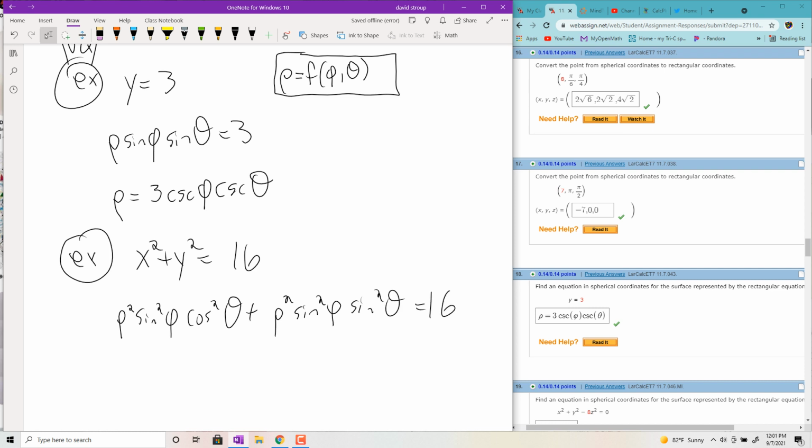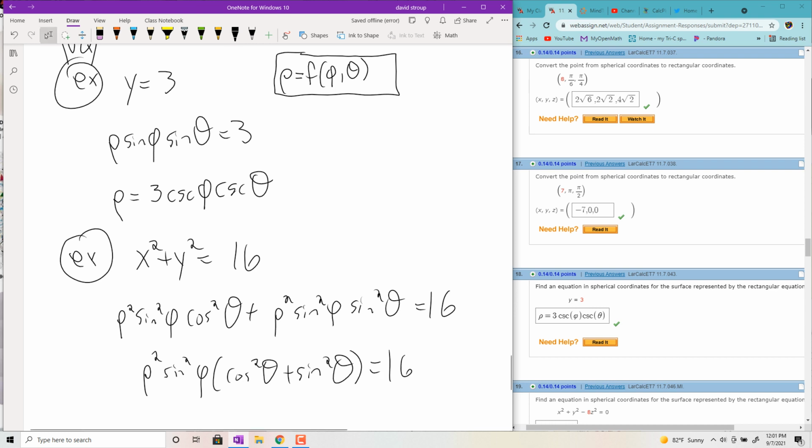You could factor out the rho squared sine squared phi, and you just have the cosine squared theta plus sine squared theta, which is equal to 1.